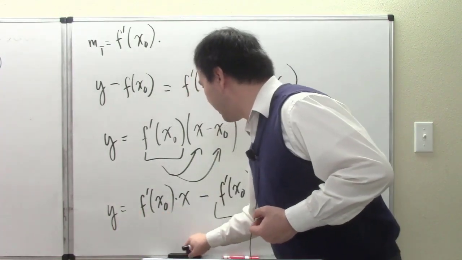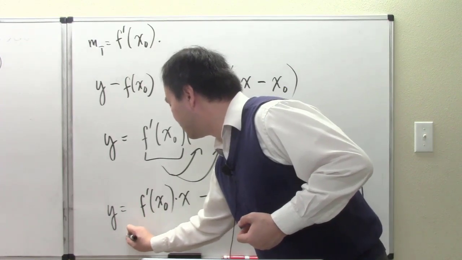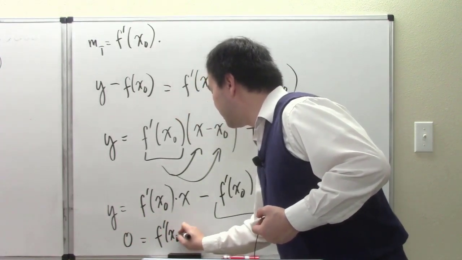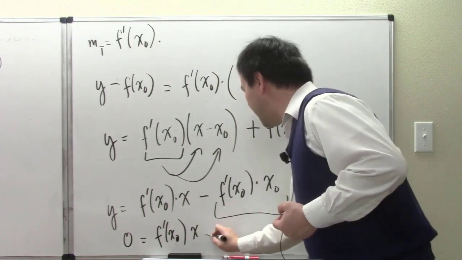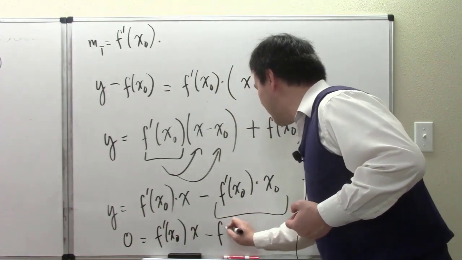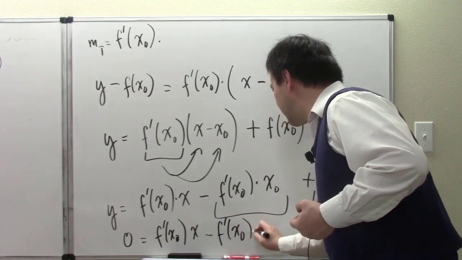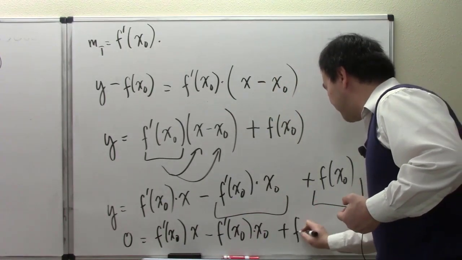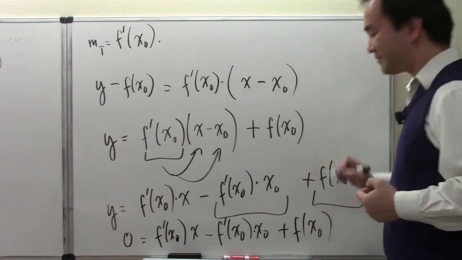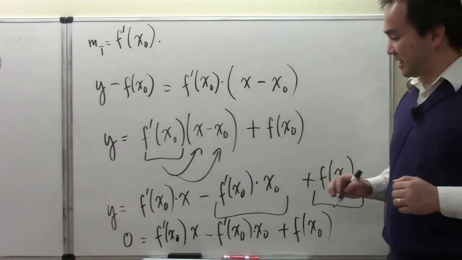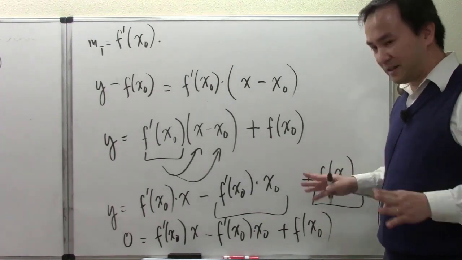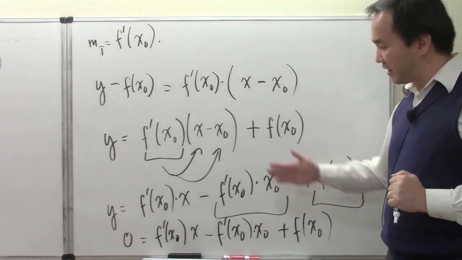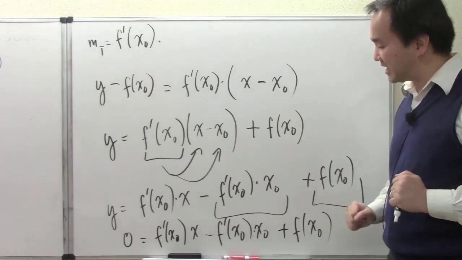Setting that y value equal to 0, I'm looking at 0 equals f′(x₀) times x, minus f′(x₀) times x₀, which is an actual value, plus f(x₀). As I said many times in other videos, feel free to pause the video if you need time to catch up with any of my steps.